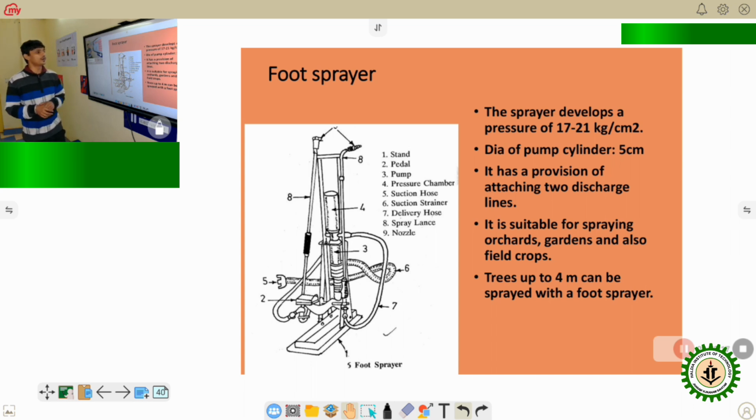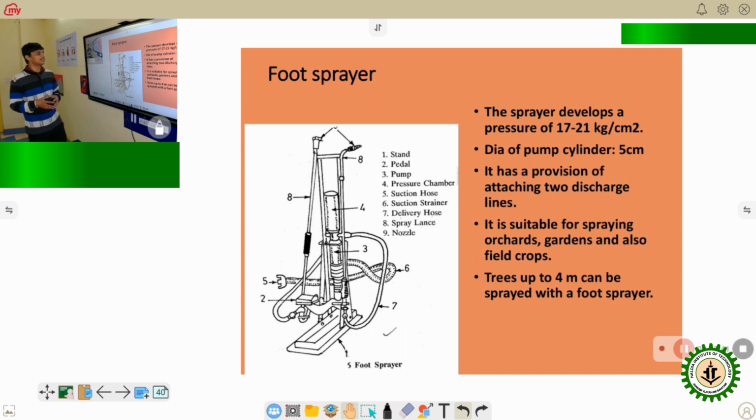It is suitable for spraying orchard gardens and field crops, and trees up to 4 meters can be sprayed with a foot sprayer. So whenever a 4-meter area has to be covered, we can use this type of sprayer.